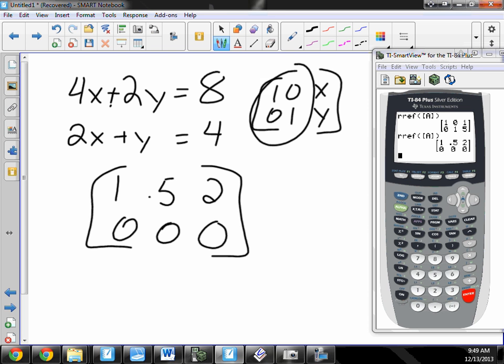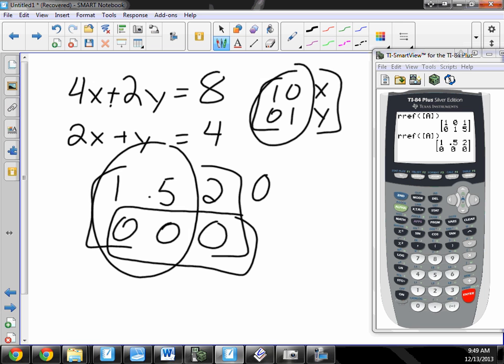If you get something else, like this, I do not have that pattern, but if I look at the bottom row, it's 0x plus 0y equals 0. And when does 0 equal 0? Always. So in this case, bottom row with all zeros, then the answer is infinite solutions.